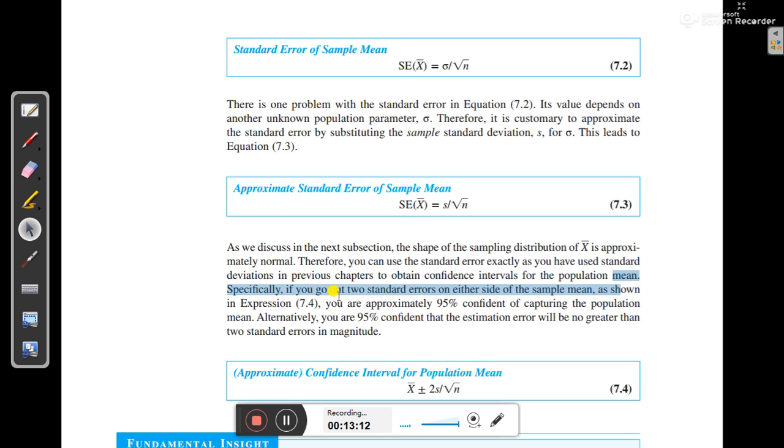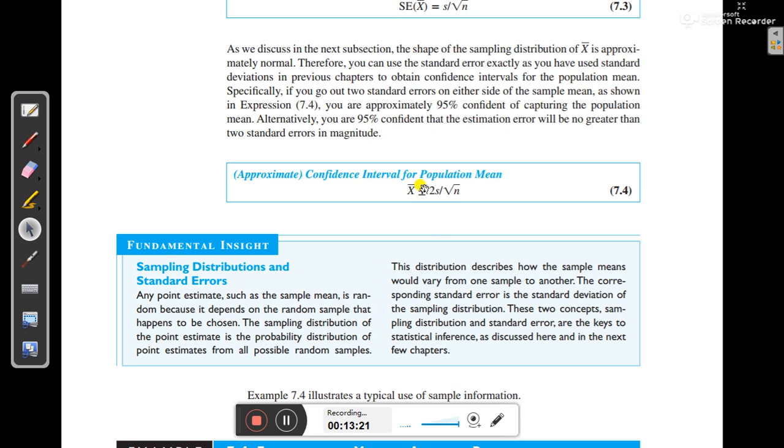Specifically, if you go two standard errors on either side of the sample mean, as shown in expression 7.4, you can see the plus-minus, that is why it is on either side, you are approximately 95% confident of capturing the population mean. Alternatively, you are 95% confident that the estimation error will be no greater than two standard errors in magnitude, the same as the normal distribution concepts.